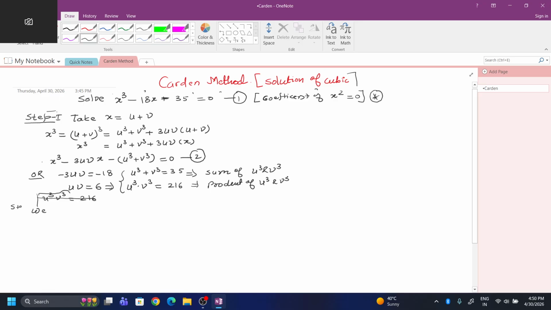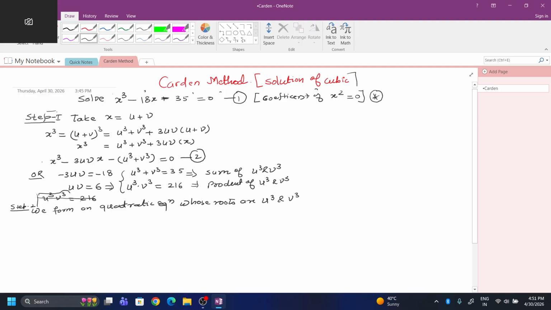This is our step 2. We form a quadratic equation whose roots are u cube and v cube.